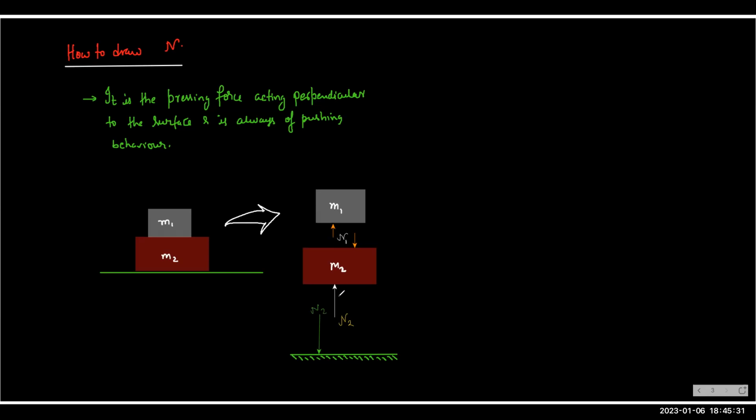So this is the normal reaction force diagram for blocks M1, M2. This is actually called the free body diagram, but I'm just showing the normal part. Later on, we are going to do the free body diagram in which all forces will be shown at once, not just normal, but tension and whatever force you can see.